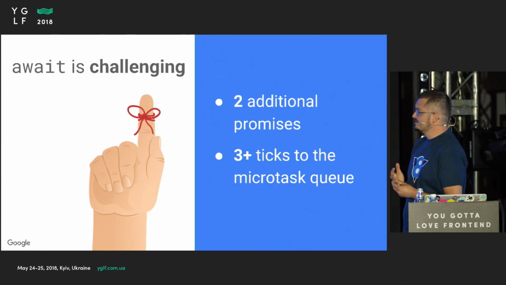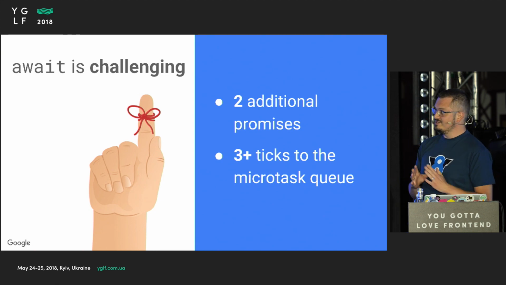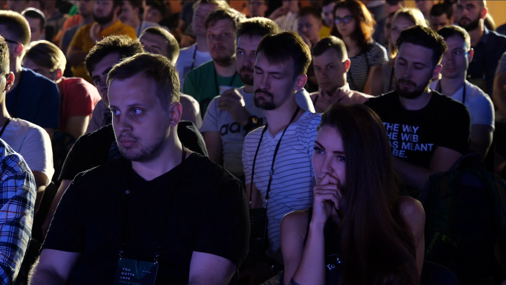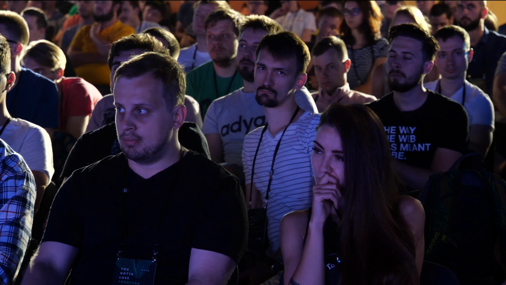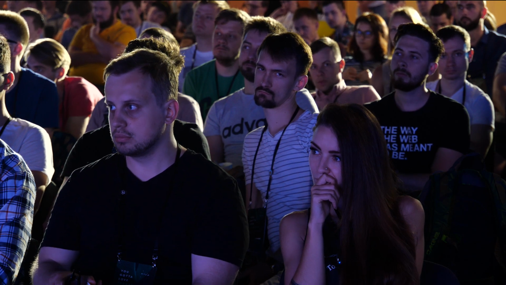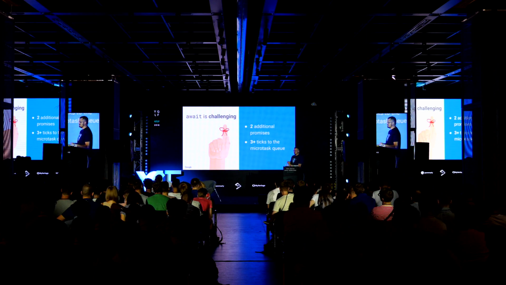So takeaways from this, you don't need to remember this, there won't be a test or anything. But takeaways from this: await is probably a lot more challenging than one might think in the beginning. And if your application depends on things happening in a certain order, then you will appreciate that the spec is super precise about order. And most of the implementations are correct, so now we are also correct.